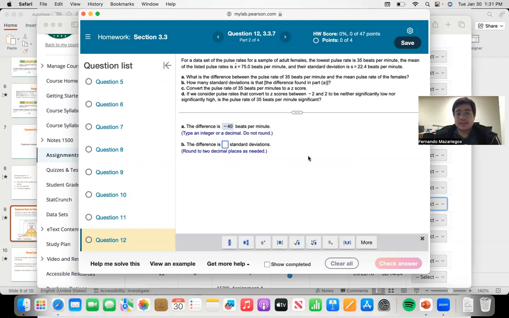The difference is how many standard deviations. So we need to divide now. We have this difference. We divide by the standard deviation. So we know how many standard deviations there are here. We then round to 2 decimal places. So this is 1.79.